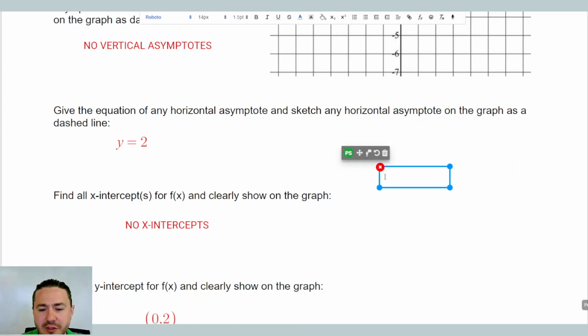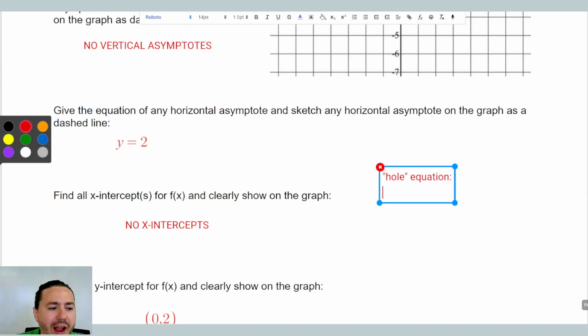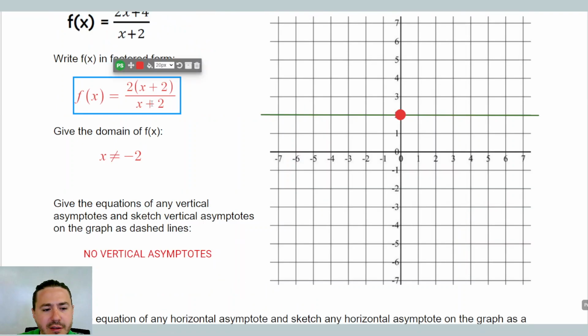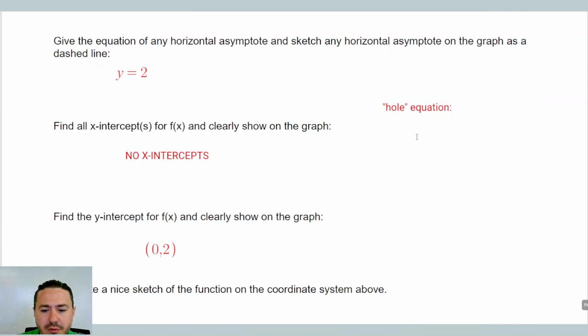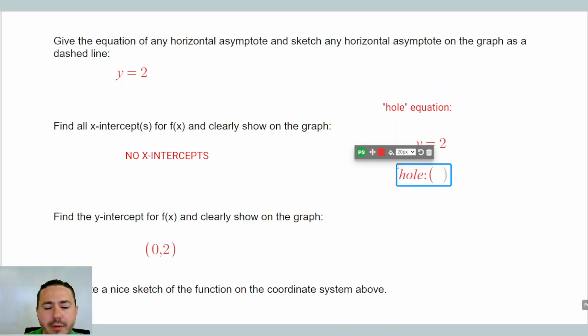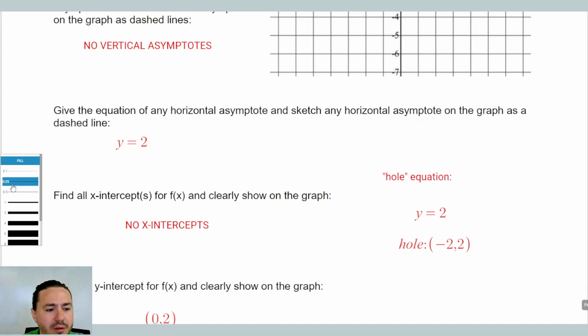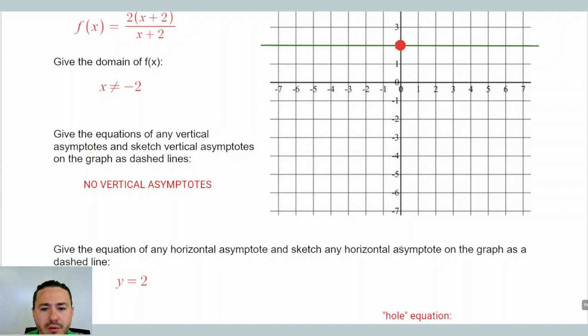One of the things about the hole equation is that the graph will look identical to the original equation except the hole is filled in. So if I cancel out these x plus 2's, all I'm left with is just y equals 2. So what I'm going to have is a hole at the x value, -2, so (-2, 2). So I actually have a hole right here.